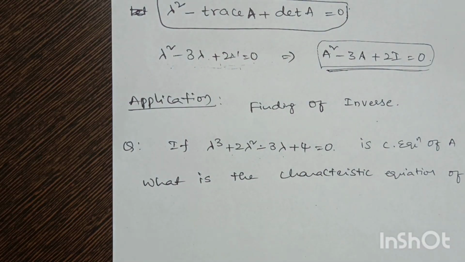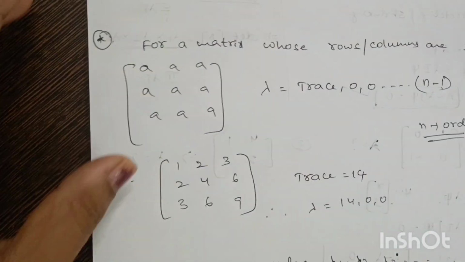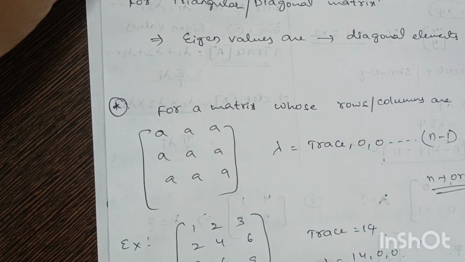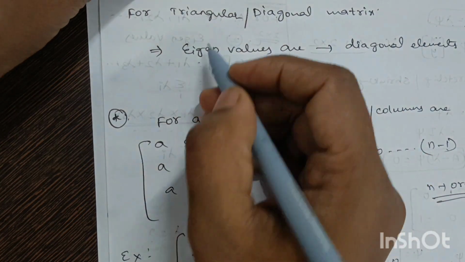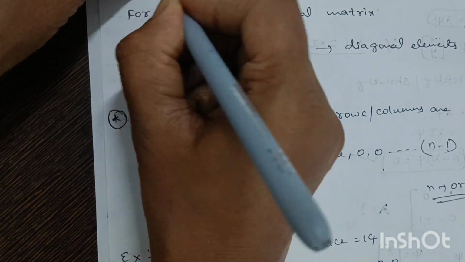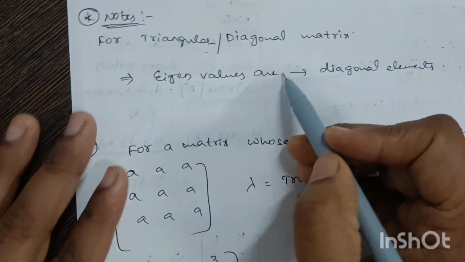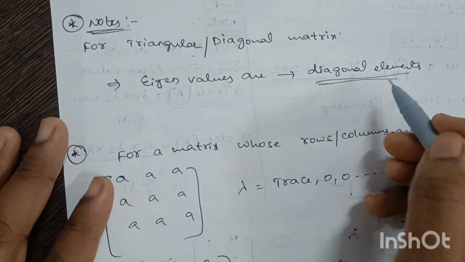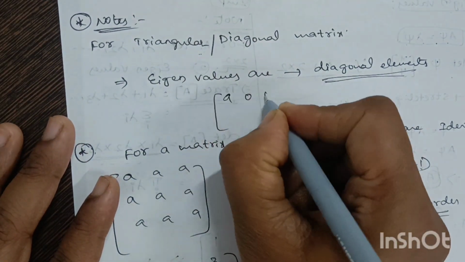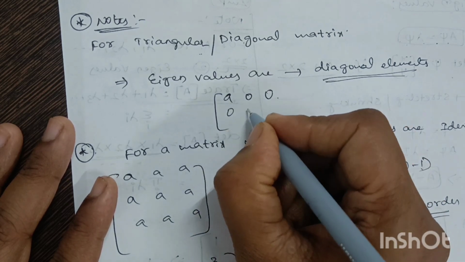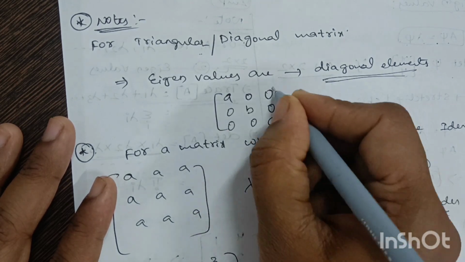So before going to this, here are some notes on eigenvalues. For a triangular or diagonal matrix, the eigenvalues are the diagonal elements. So this is a diagonal matrix.